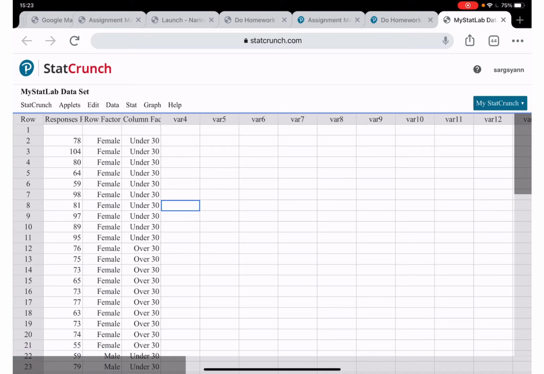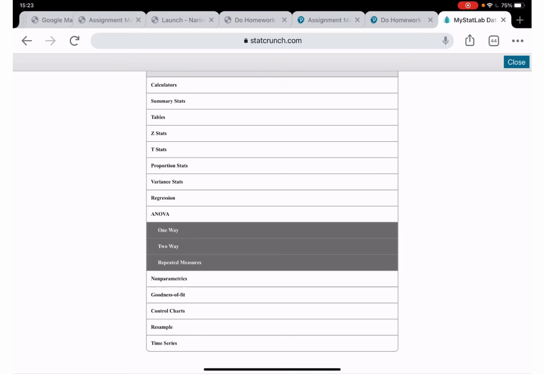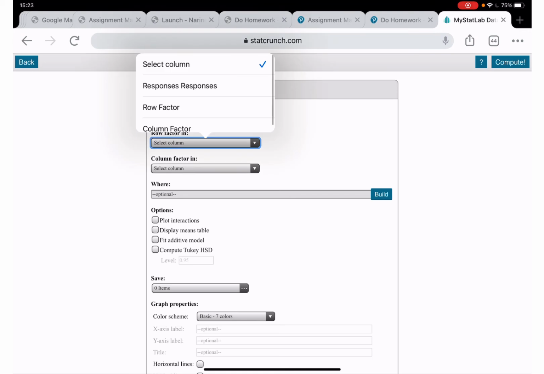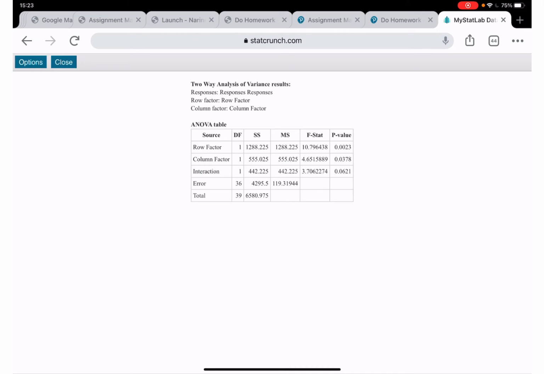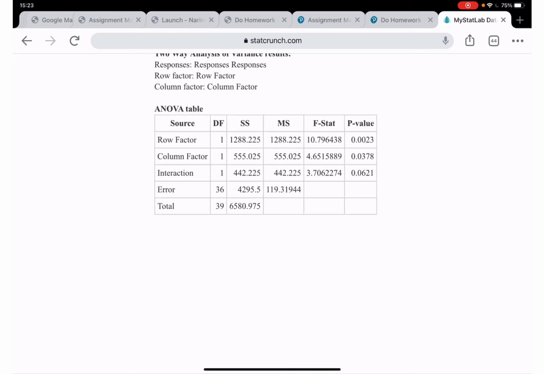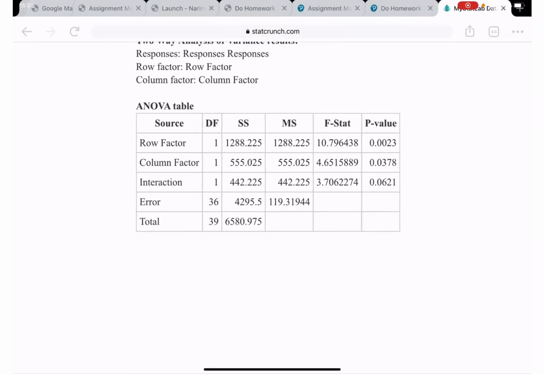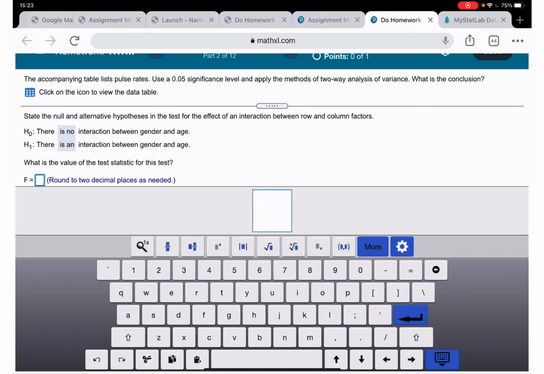Oh, there we go. So let me see if it's going to work anyhow with two-way. So responses, this is going to be the row factor, this is going to be the column factor, and we will check if there is an effect or not. The interaction is going to be 3.71. Let me try. If it is correct, that means the empty row doesn't affect anything.